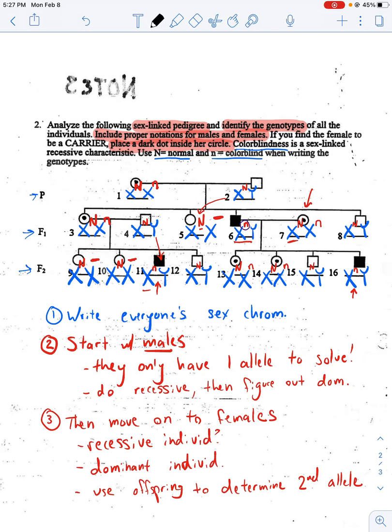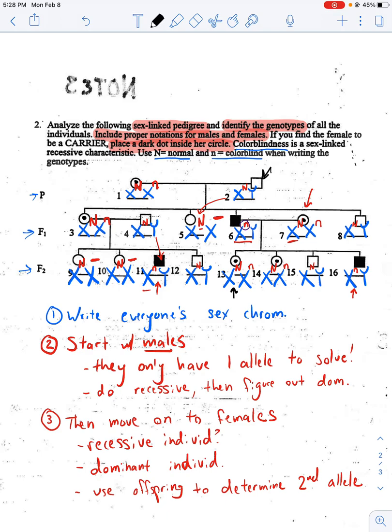Again, if you have a pedigree, you'll often have questions associated with the pedigree. So not only would you need to solve it, but you might be asked, what's the relationship between 6 and 5? And you would need to be able to look at the pedigree and say, oh, well, they're brother and sister. What's the relationship between number 2 and number 13? Well, number 13 is the daughter of 6 and 7, and number 2 is the father of number 6.